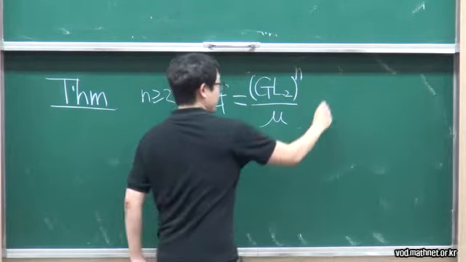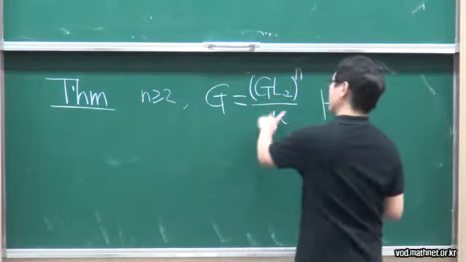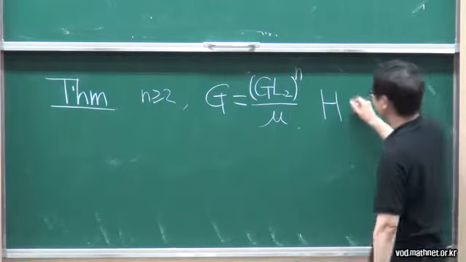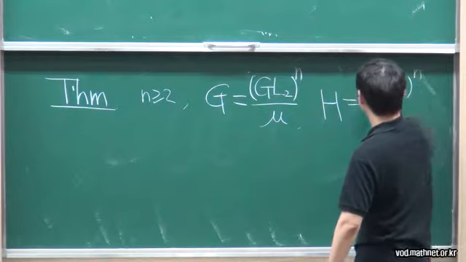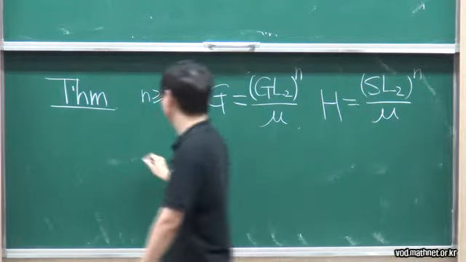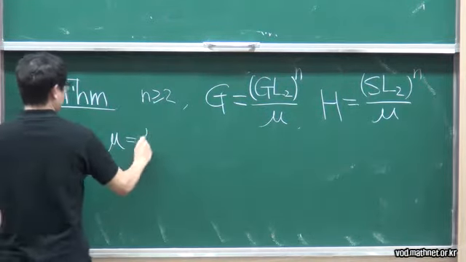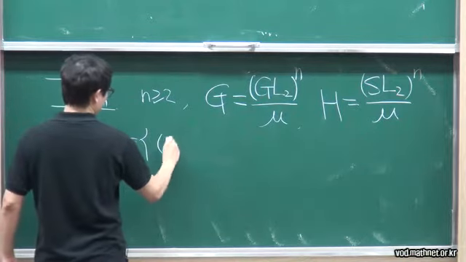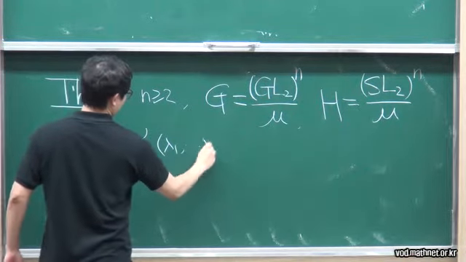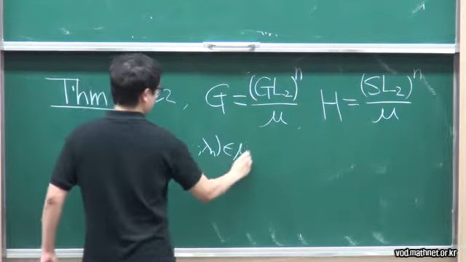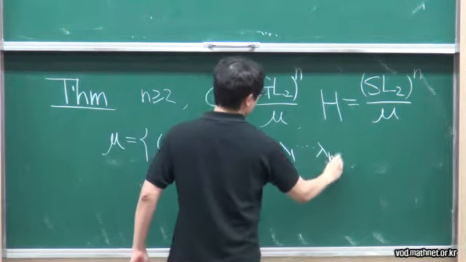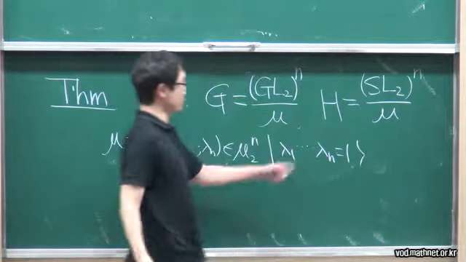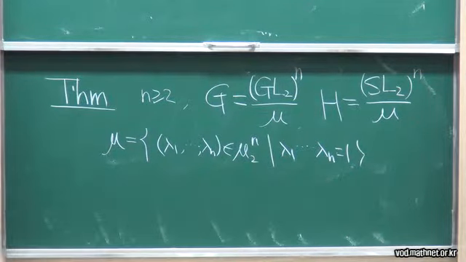And we also consider its derived subgroup, the semi-simple part, modulo mu, and mu is a maximal central subgroup with this one relation.